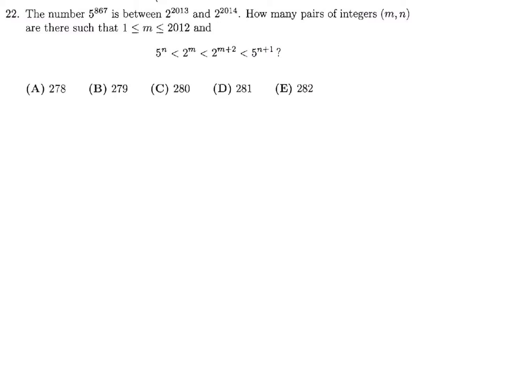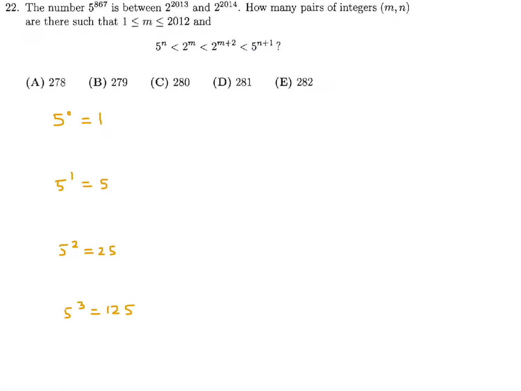Let's make a little list here, and that list will hopefully explain a few things. A few powers of 5, not too many. I think I'll just go up to 5 to the power of 4. That should be sufficient to explain what I need to explain. And that is 625.